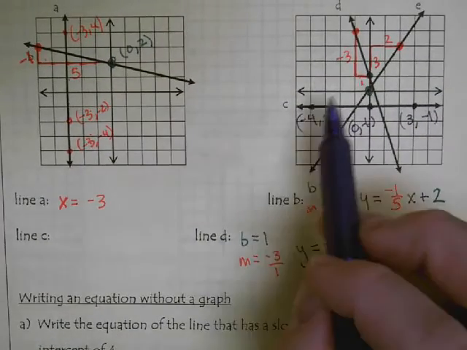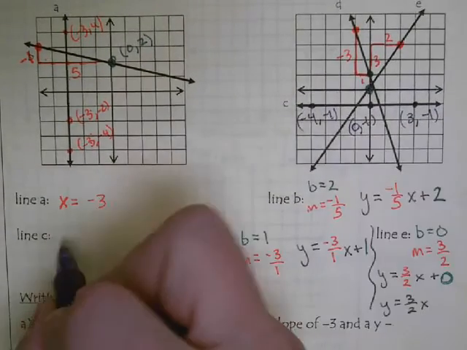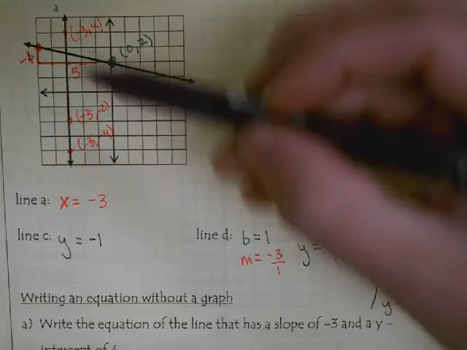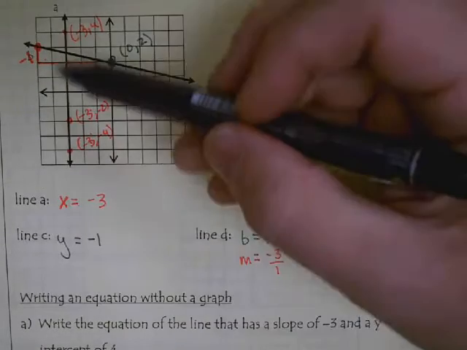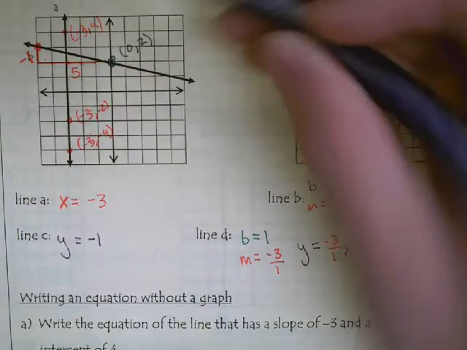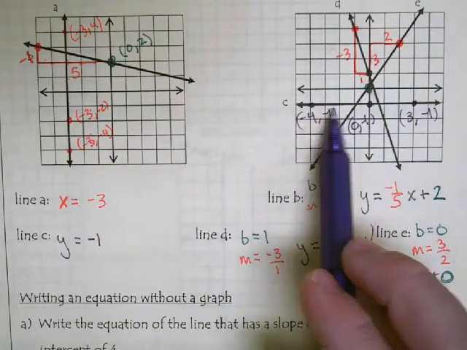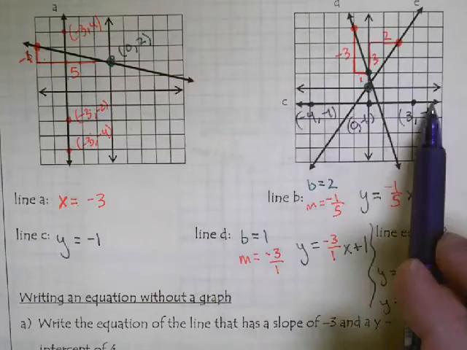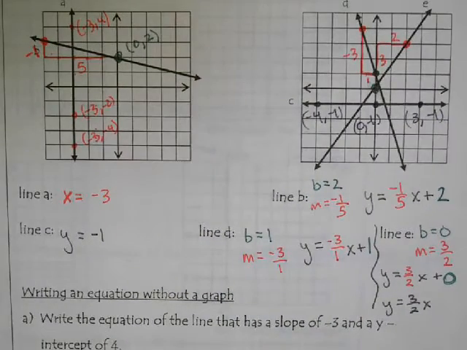Well, the y value is the only consistent value, so we can say y equals -1. So vertical lines will always have an x equals, and you just have to find that x value for all the points. And a horizontal line will be a y equals, and we just have to find that y value that the line passes through for all the points.